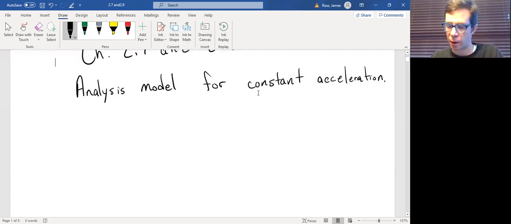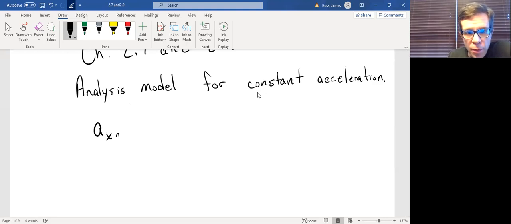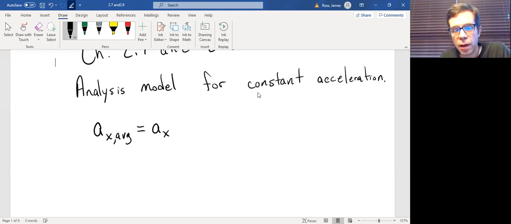So what does that look like? Well, we described the average acceleration before. And if it's constant, then it's just equal to the average the whole time, right?